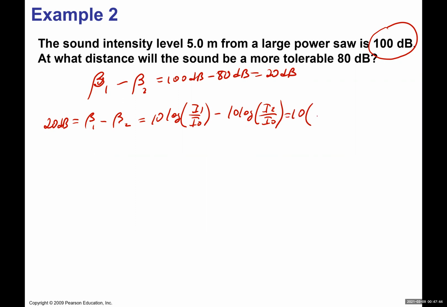On the right side, I can factor out 10, and I have log of I1 over I naught minus log of I2 over I naught.